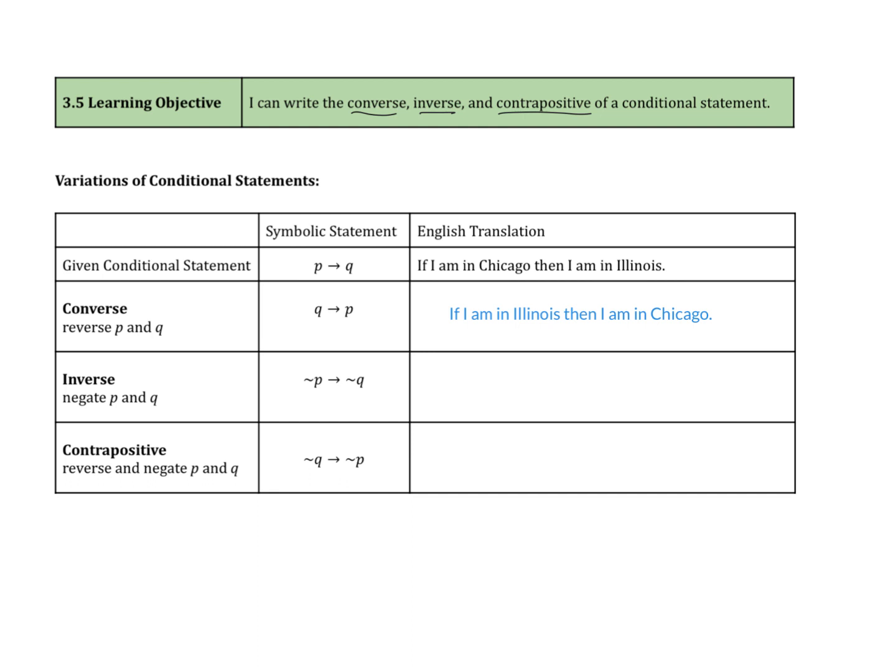So we still have an if-then statement where we start with if and then is in the middle. We still have that same format, but we reversed the first statement and the second statement. So P, I am in Chicago, moved to the end, and Q, I am in Illinois, moved to the front. So we just flipped those two statements around.